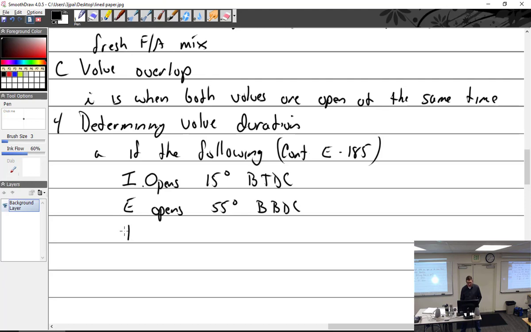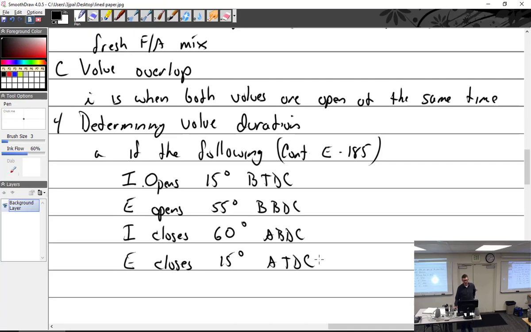The intake closes 60 degrees after bottom dead center, and the exhaust closes 15 degrees after top dead center.